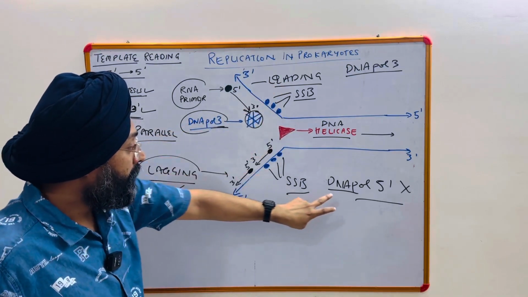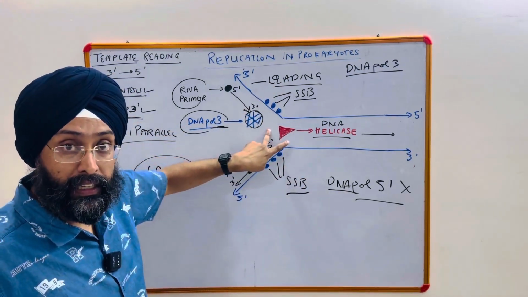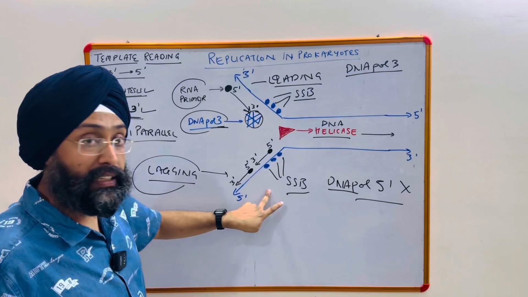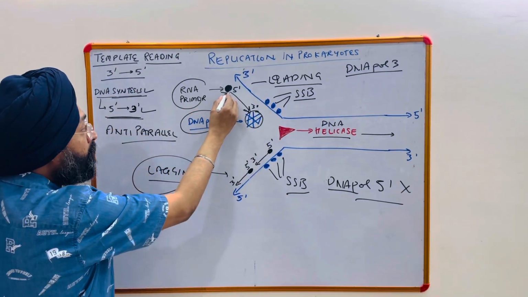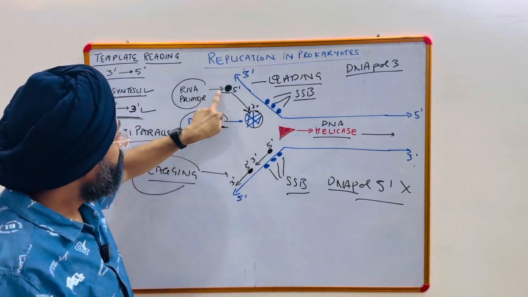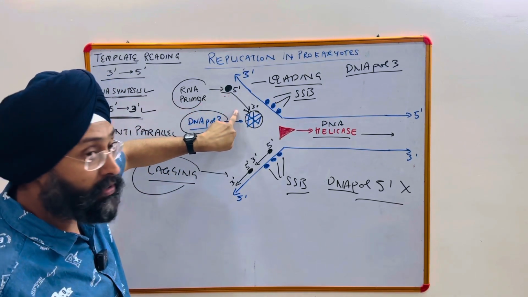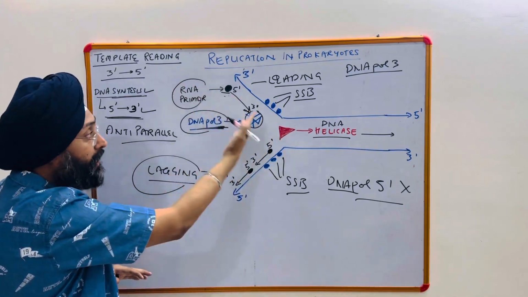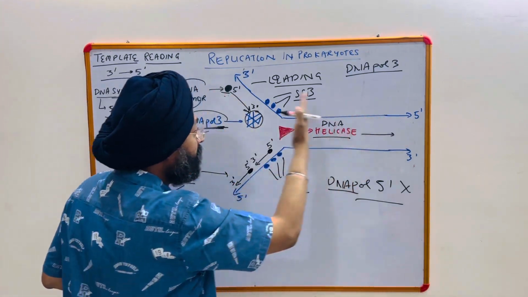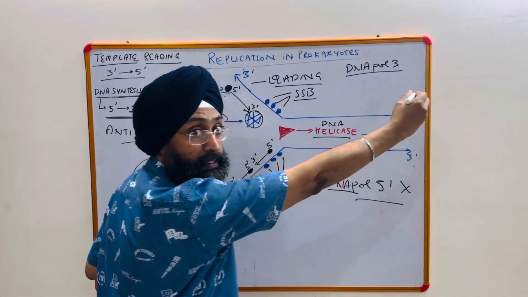So the leading strand is there, the lagging strand is there, helicase unwinds the DNA, and SSB are stabilizing the single stranded DNA. RNA primer is where synthesis is taking place, in the 5 prime to 3 prime direction by DNA polymerase 3. So the strand is elongating and the helicase is unwinding, so the strand is being synthesized in this direction.